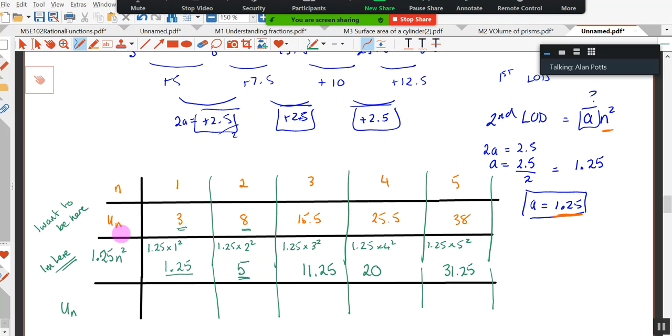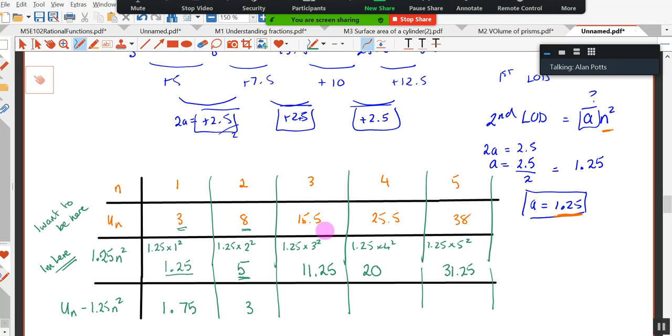So Un minus 1.25 n squared. Well, what do I need to add on for here to get to here? Well, it's 1.75, right? This one is add 3. This one: from 5 to 15.5, I'm at 11.25.